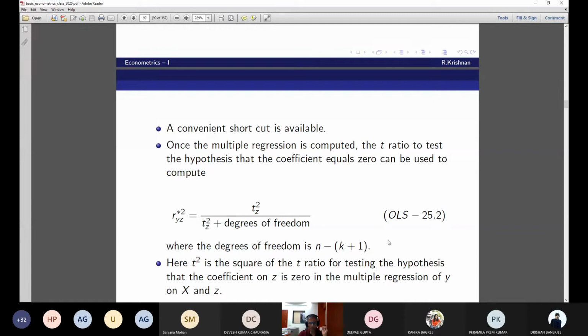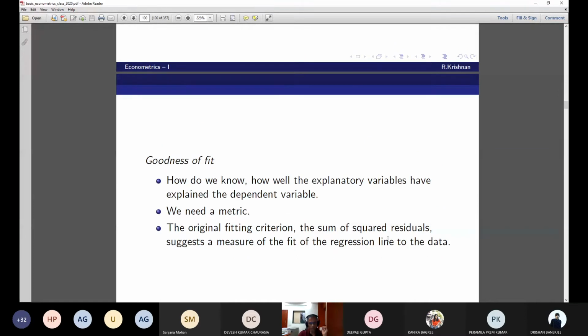Yes, sir, got it. So goodness of fit. How do we know how well the explanatory variables have explained the dependent variable? We have a dependent variable. We have selected some independent variables. We have run the regression. We would like to know how good our selection of independent variables has been, whether the model has explained.